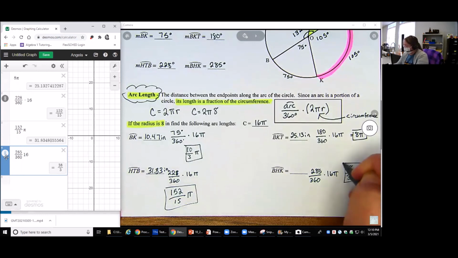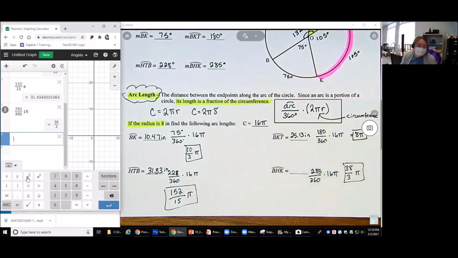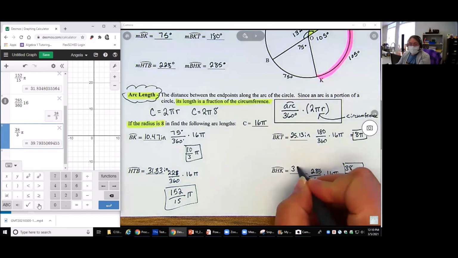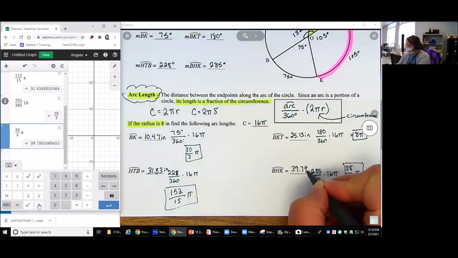That's our exact answer. Remember with pi, because it's such a big decimal, you don't ever really get an exact answer because you have to round it. So 38 divided by 3, and then times pi. You've got a pi button on your phone and on this Desmos calculator. So 39.79 inches.